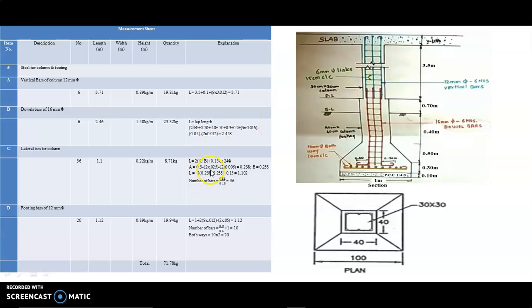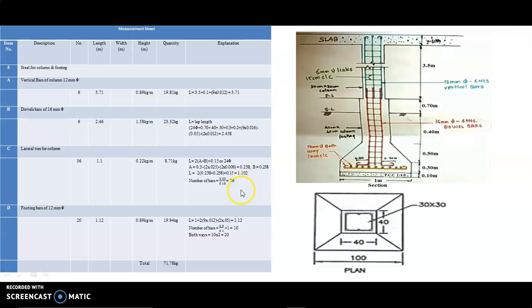That's why we minus 2 into 0.025 minus 2 into 0.006, where 0.006 is the lateral tie diameter. We get 0.238 as the answer. We find the same for B, because the area is 30 centimeter by 30 centimeter, so we get the same value for A and B. We put this value in our formula and get L equal to 1.102.